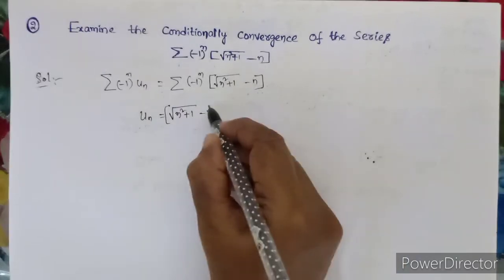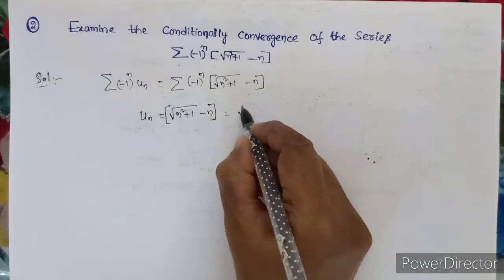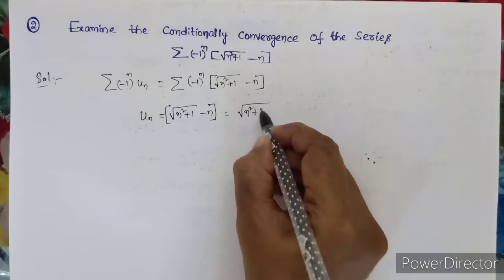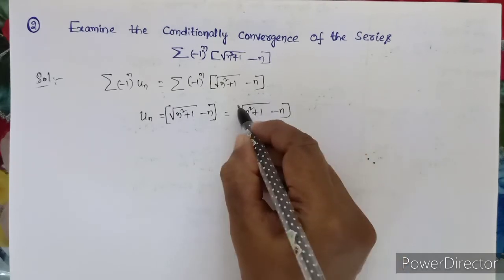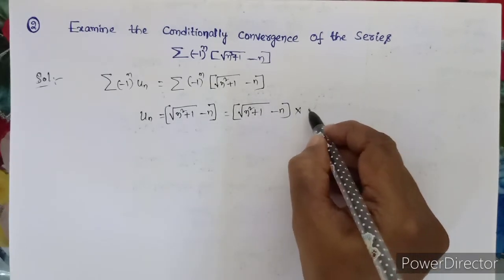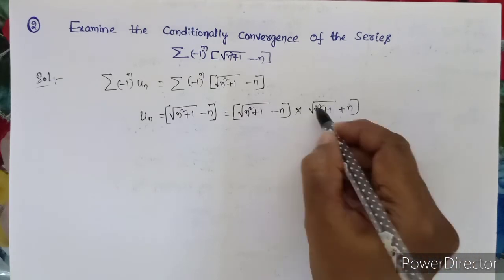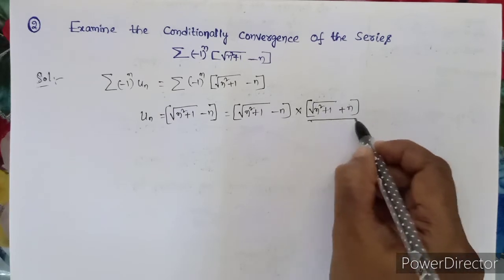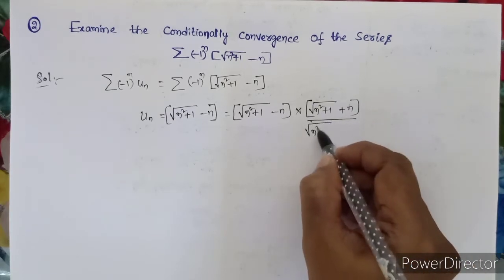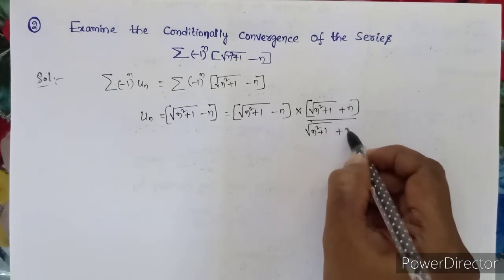Now we rationalize this. Root of n square plus 1 minus n into root of n square plus 1 plus n, divided by root of n square plus 1 plus n.